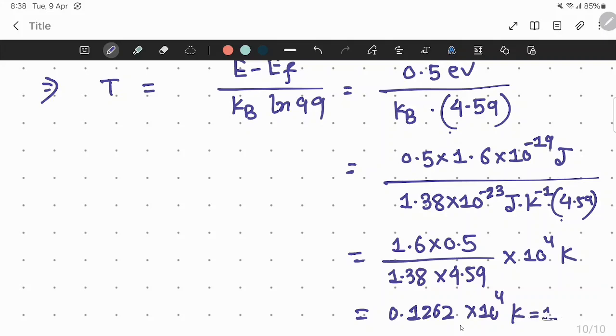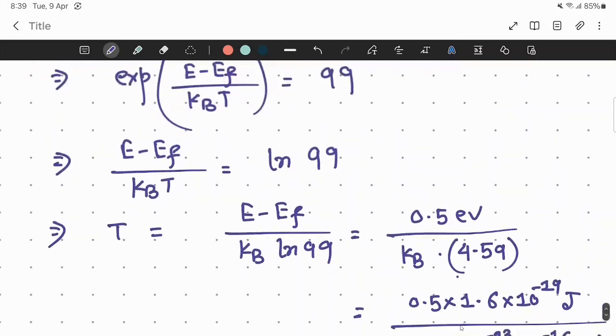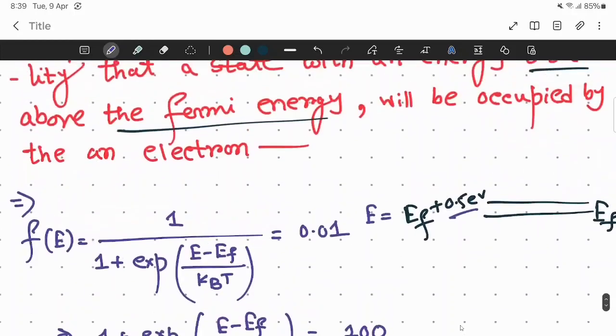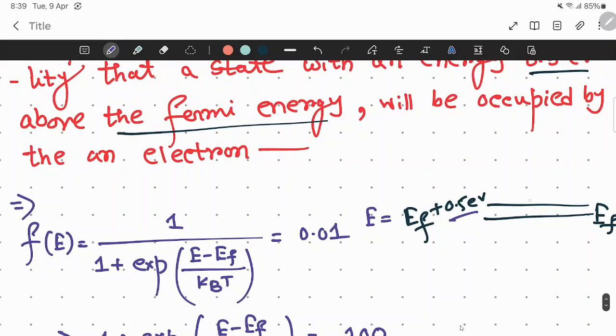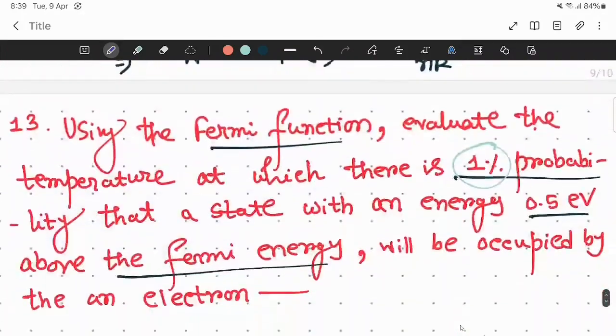So it is 1262.9 Kelvin eventually. So this will be the temperature. Okay. At this temperature, there will be just 1% probability of finding a fermionic particle at 0.5 electron volt above the energy of the Fermi level. Okay.